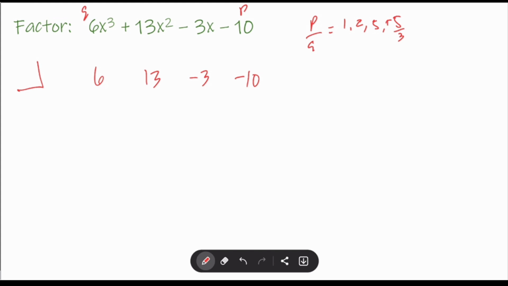Okay, so positive and negative of those. So also 2 over 3, positive and negative, 1 over 3. So you also try pairing the 3, which is the factor of 6, and also 5 over 2.